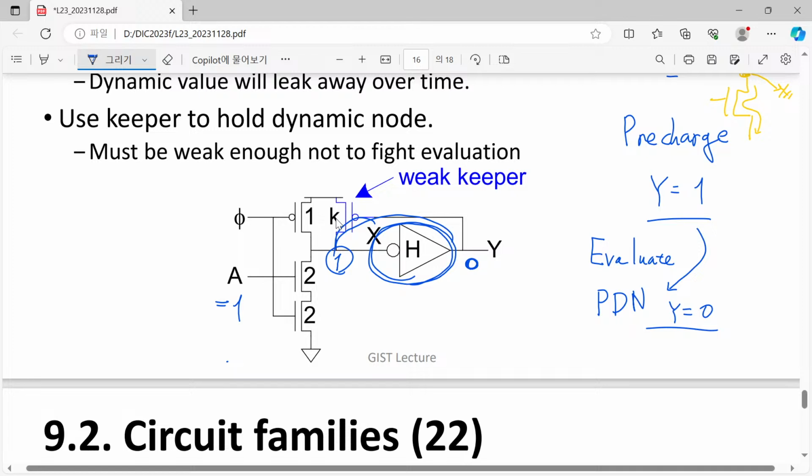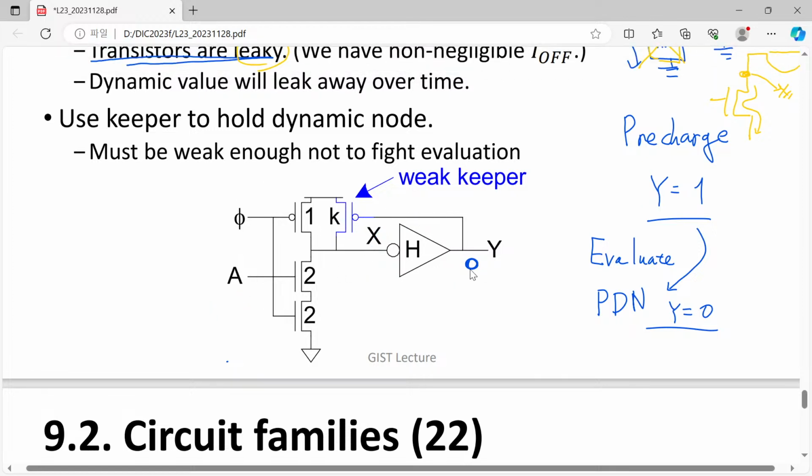But it is still true that this PMOSFET should be small. I mean not small but narrow, so it should be weak. Otherwise, in some cases this pull-down network and the keeper can have some competition to charge or discharge this circuit.